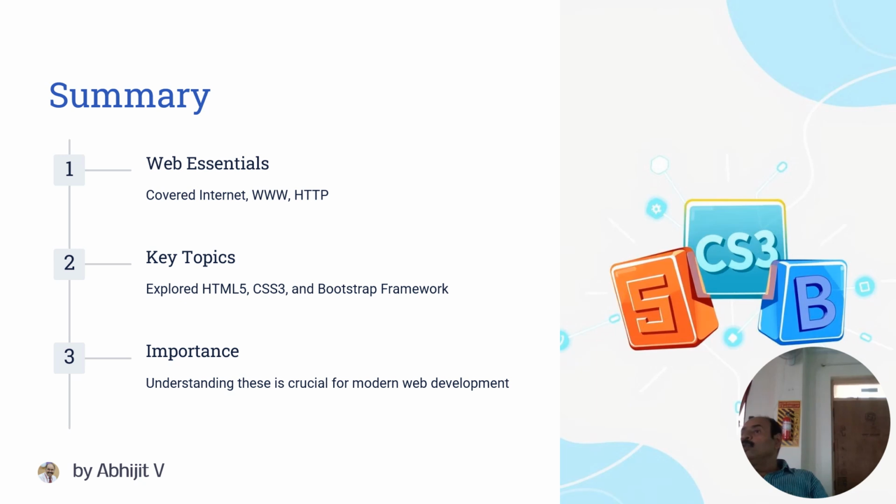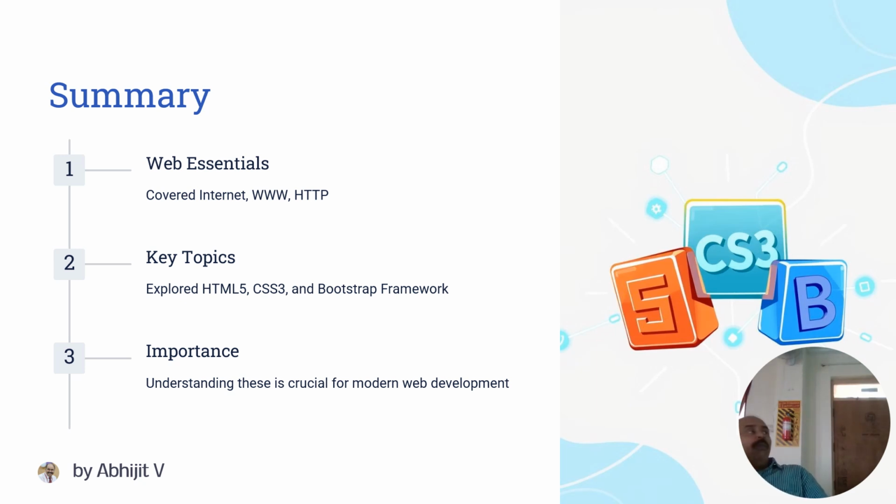So we are coming to the end of unit 1 where we have learned the basics of internet. What is HTTP response, HTTP request, what is meant by internet, what is www, what is meant by protocol.